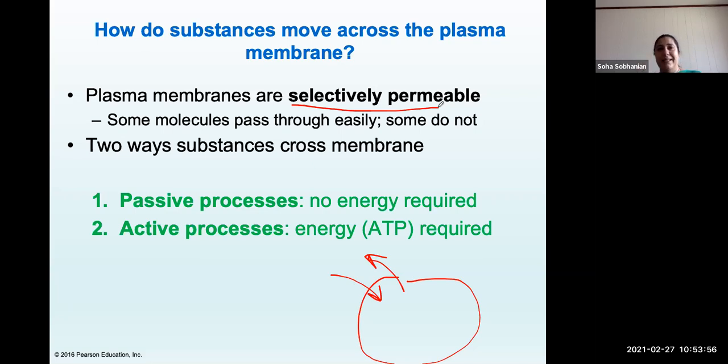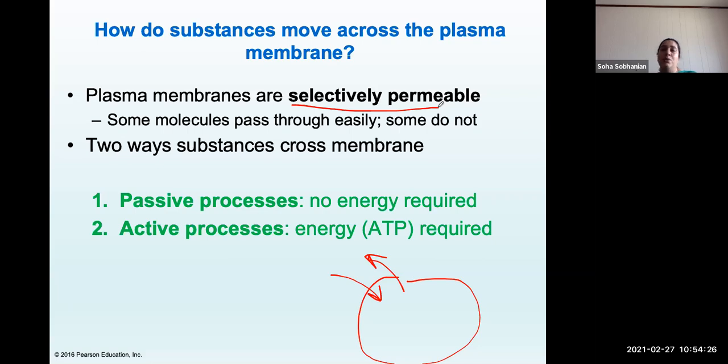So pay attention to this, guys. I'm going to kind of deviate from the PowerPoint a little bit to kind of help you understand the general idea, and then we'll come back to actual terminology. So when you're thinking about molecules or components or atoms or ions or whatever get in and out of the cell, the first question you need to ask yourself is this process require energy?